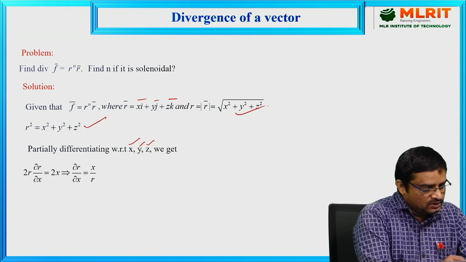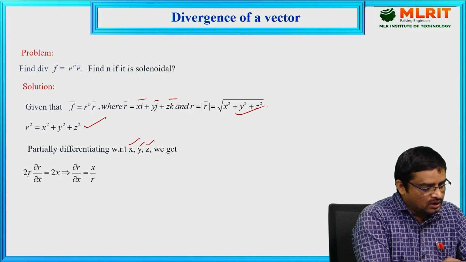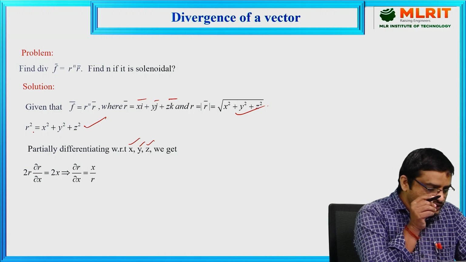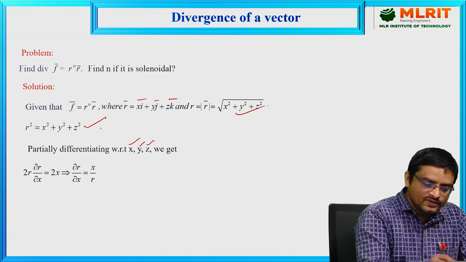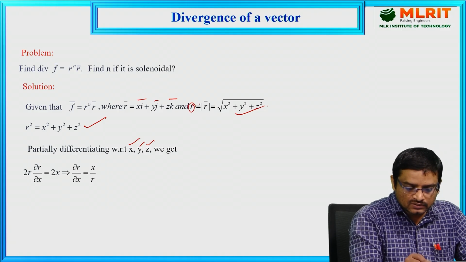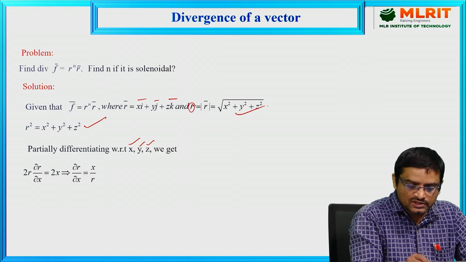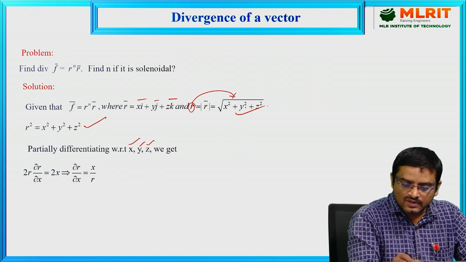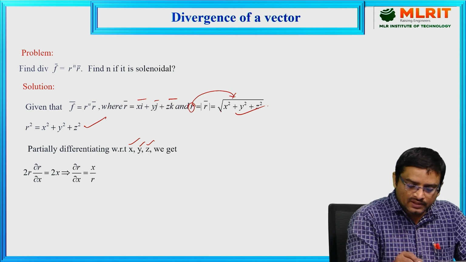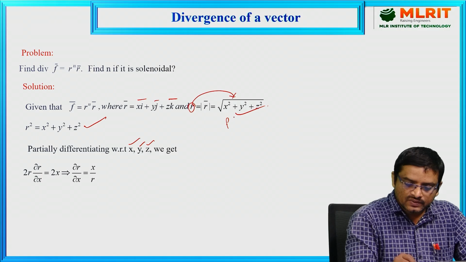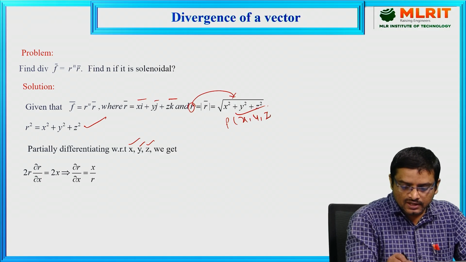We will get 2 into r, since the derivative of r square is 2r, and r is a function in terms of x, y, z.